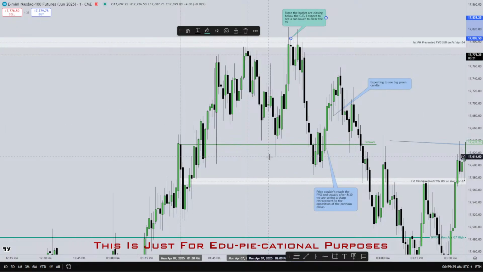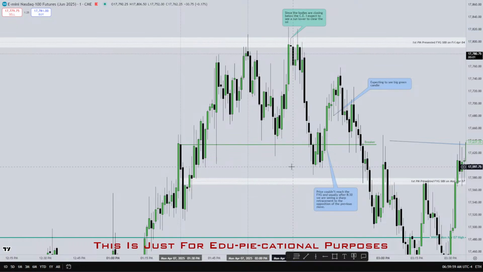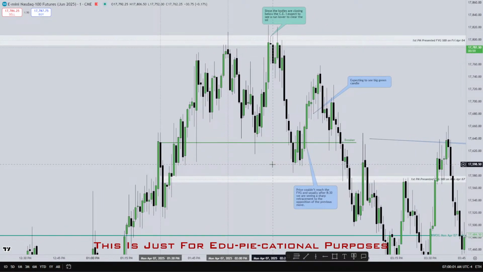My aim was this sell side liquidity here, and touching the breaker here. You can see the market is immediately reaching this place, and the final destination for me, the final target, was the top of the fair value gap that is formed after 1:30 today.